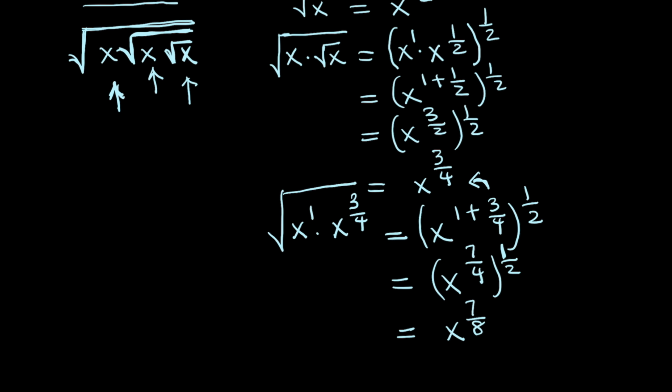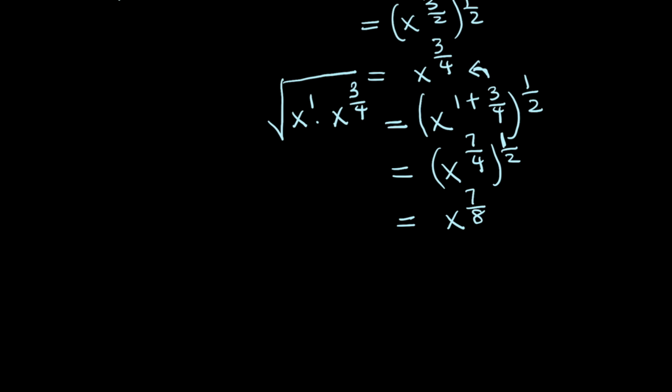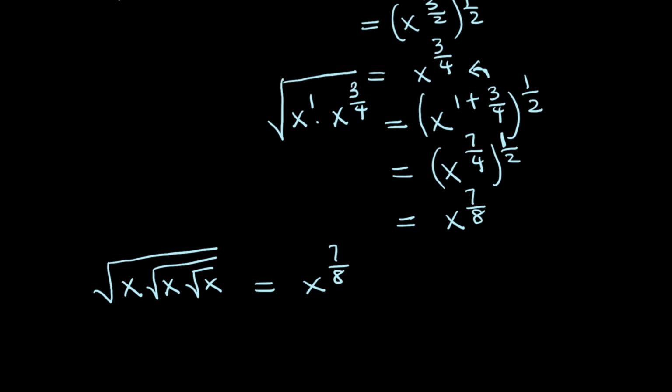What that means is that the square root of x times the square root of x times the square root of x now is equal to x raised to power 7 over 8.